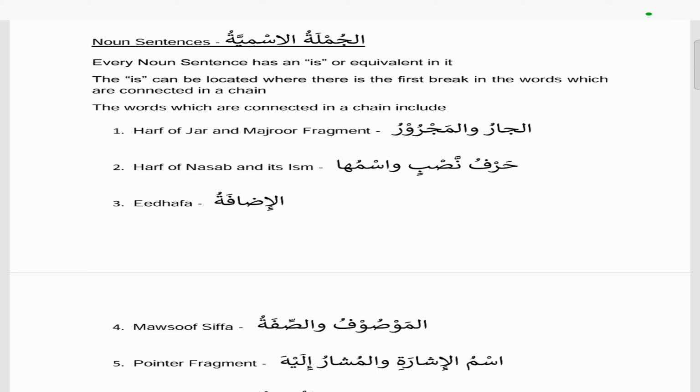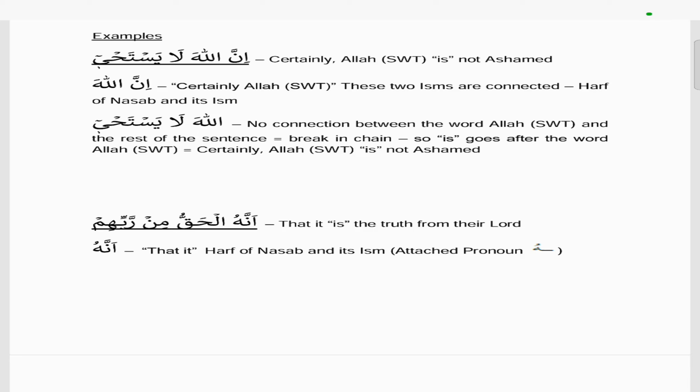So for example, we have inna allaha la yasta'i, which means certainly Allah is not ashamed. If we look at the first part, inna allaha, certainly Allah, these two isms are connected grammatically, because they are the harf of nasab, inna, and its ism, the lafzul jalala, the word Allah.